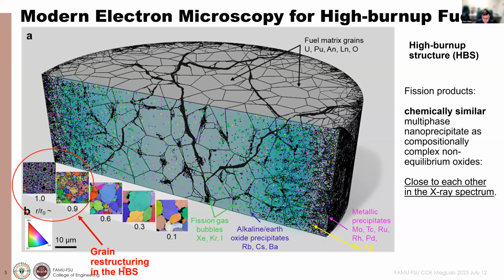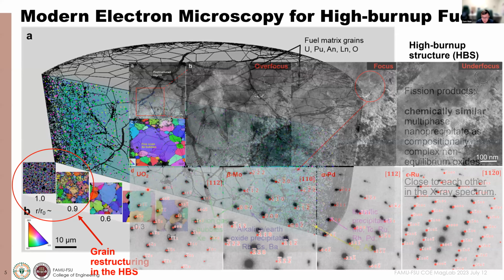First, we want to make sure these xenon and krypton bubbles, or any of these migrated bubbles, are located in the restructuring region, and we want to see the radial distribution of these fission products so we can increase the burnup for these fuels.